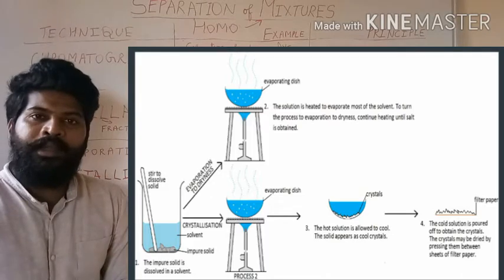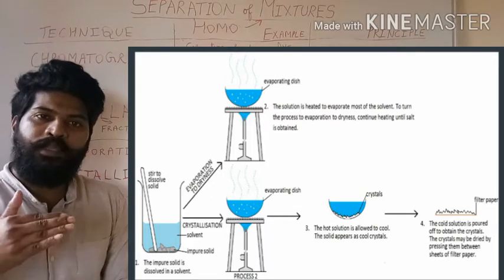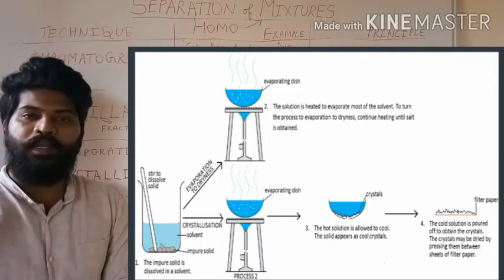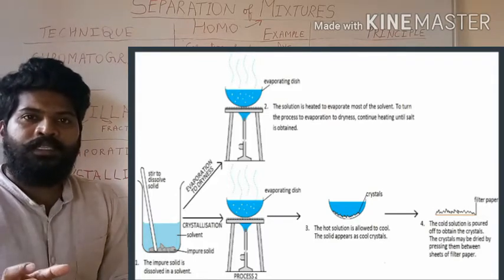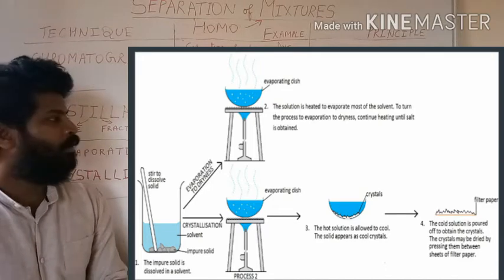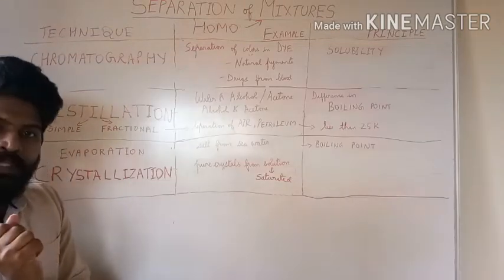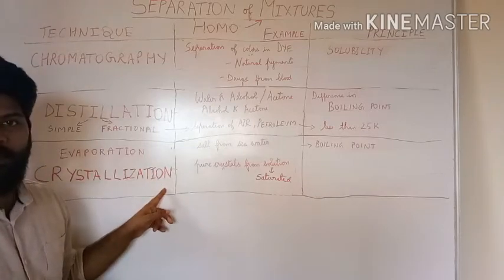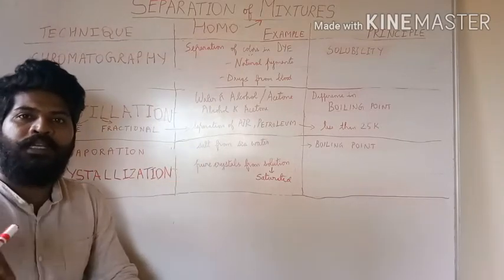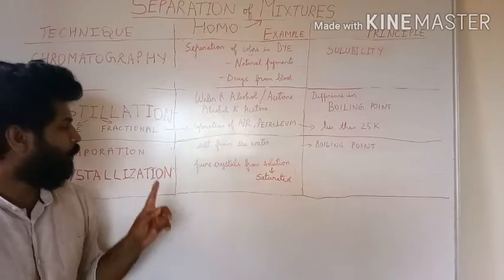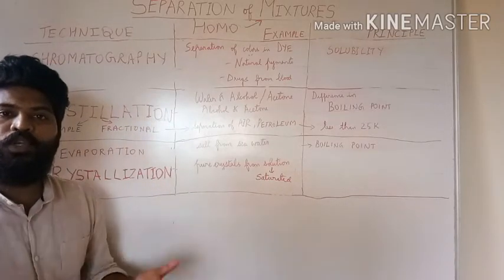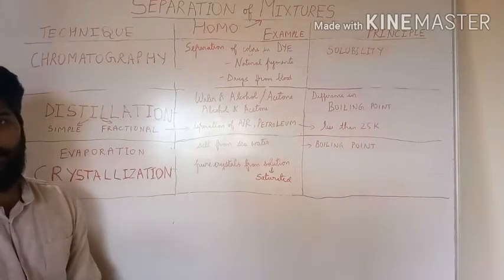We can heat the mixture a little so that it will get either evaporated or converted into vapor form and the crystals will start forming. The main difference between evaporation and crystallization is the solvent is evaporated from the surface, whereas in crystallization, the entire solution is getting crystallized.